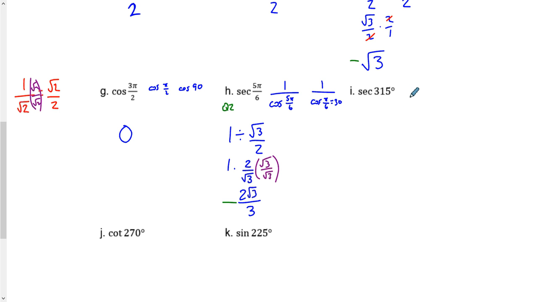Now, since we dealt with that, let's do another one. Secant 315. Okay, now we're getting away from the radians. We're getting back into some degrees. This would be the 1 over the cosine of 315. But 315 is not really a nice number to work with. 45 is a nice number to work with.